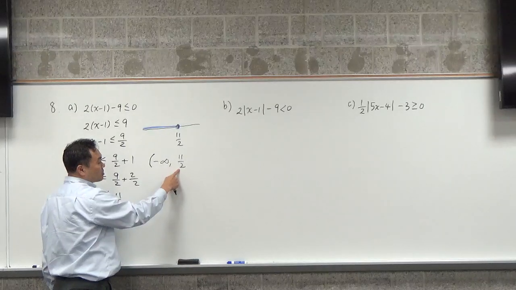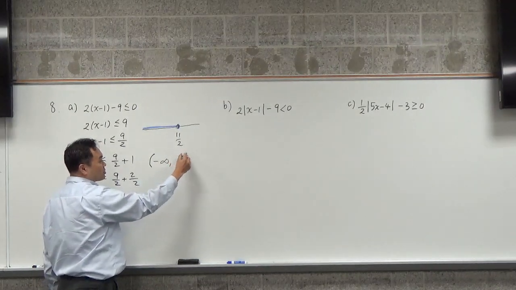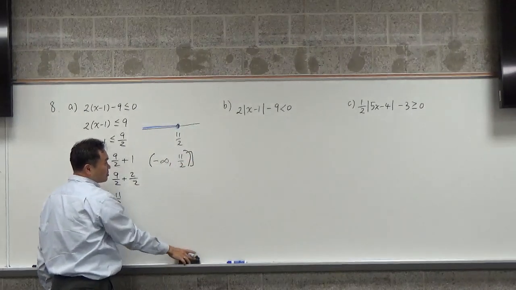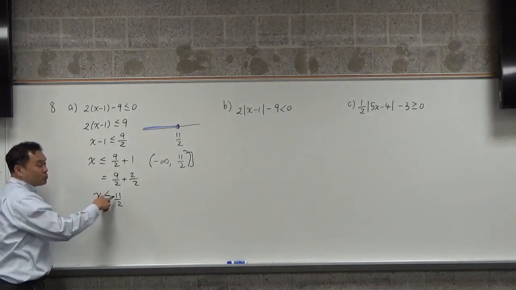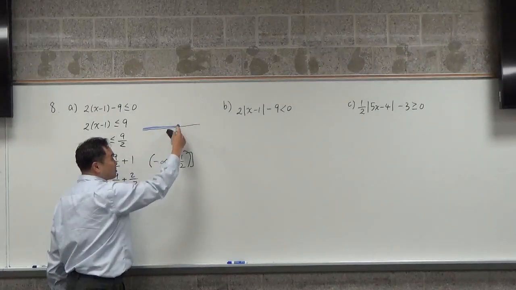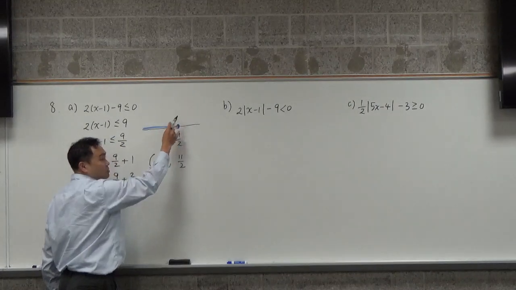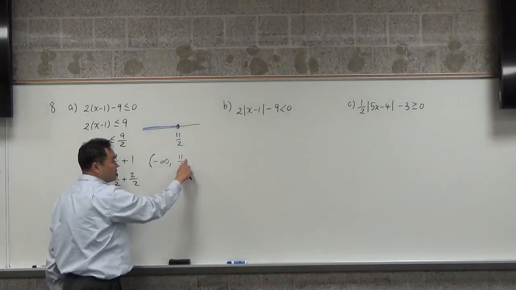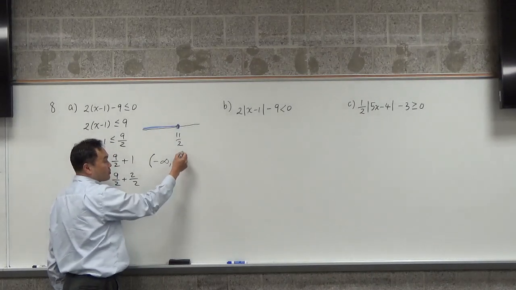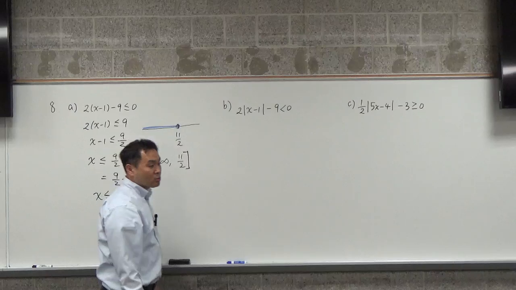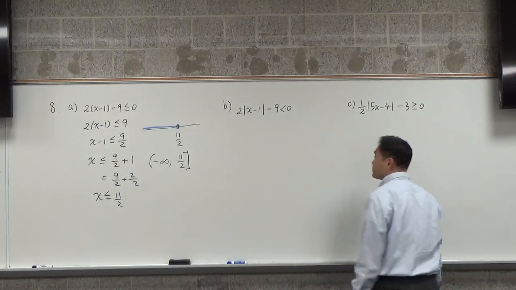But for regular numbers, you have to determine whether it's this or this, and it's determined by whether it includes 11 over 2. If this is a solid circle, then you use the square one. If this is an open circle, where the inside is empty, then you use this round one, okay? So in interval notation, that's the answer.